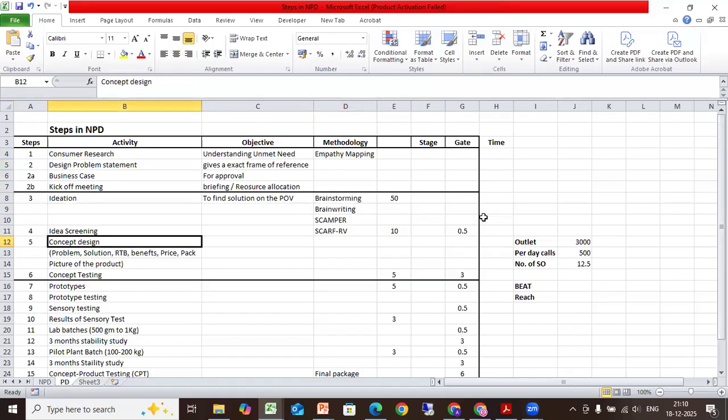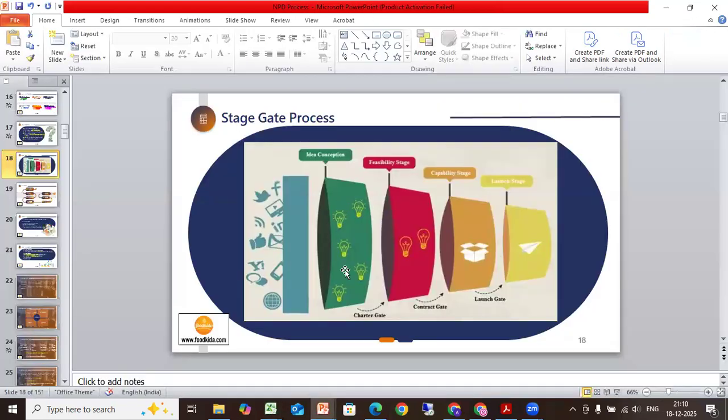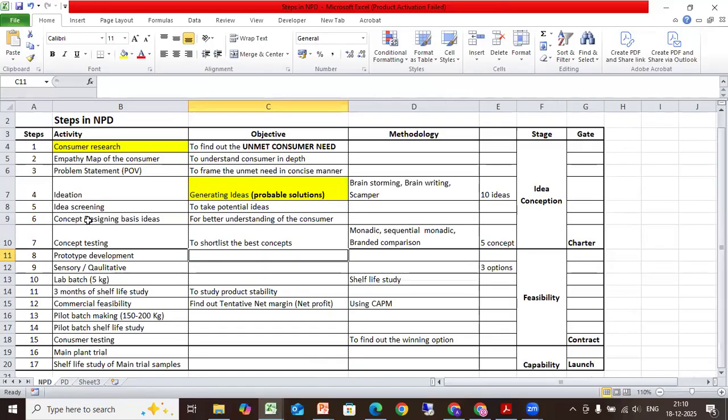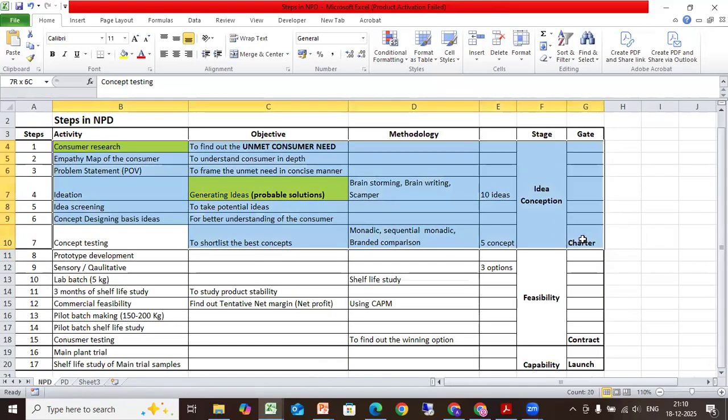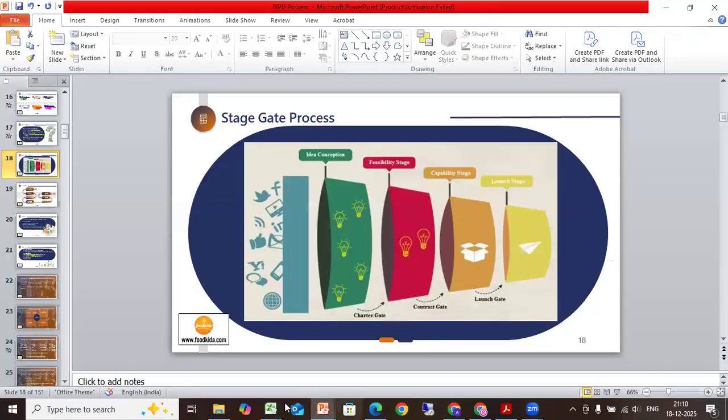When you reach concept testing, you have roughly conceived the final 3 to 4 ideas or concepts which will go further for product development. So when you have a successful concept test result, you cross the charter gate. Is it clear?